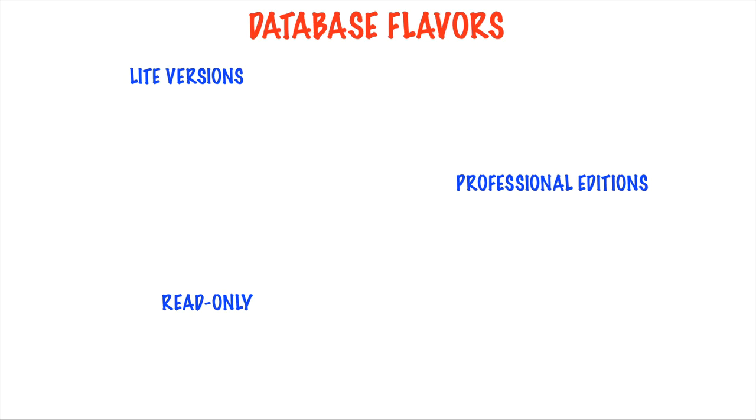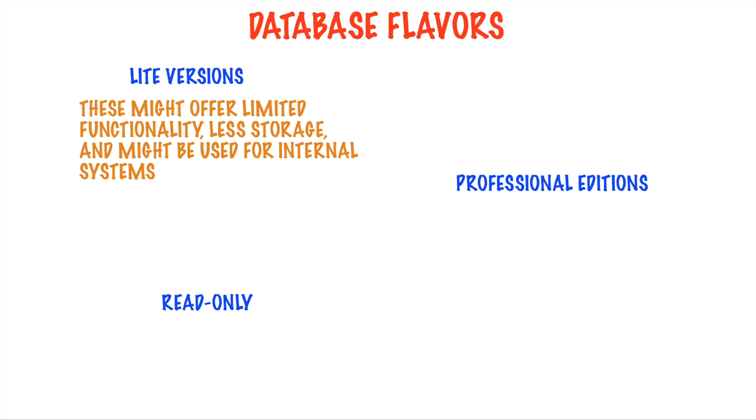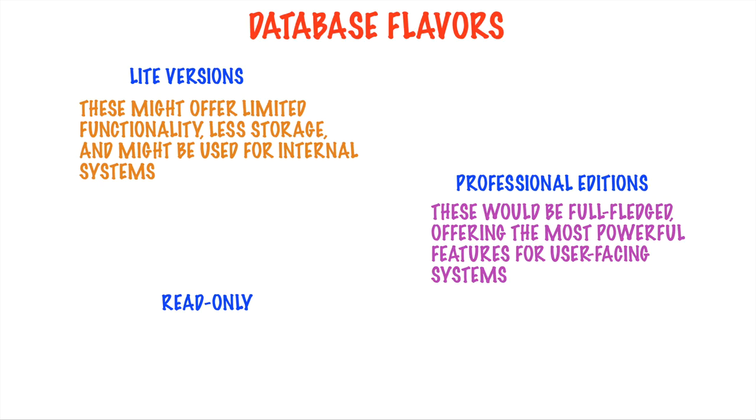Maybe within your company, the light version might offer limited functionality, less storage, and maybe used for internal systems, which don't really need to handle a very heavy load. It's a perfectly legit use case. You don't want to pay the license fees for a very heavy database system. You might, on the other hand, have professional editions which would run on user-facing systems.